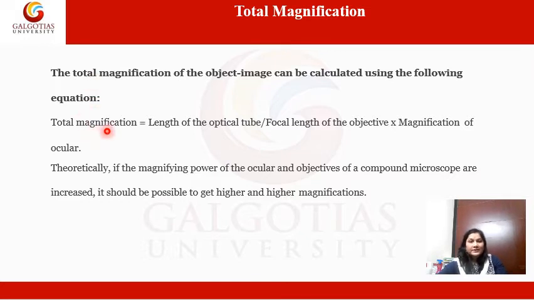Total magnification is equal to the length of the optical tube divided by the focal length of the objective, multiplied by the magnification power of the ocular. Theoretically, if the magnifying power of the ocular and objective of a compound microscope are increased, it should be possible to get higher and higher magnification.